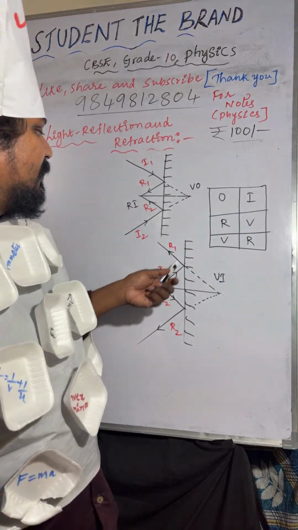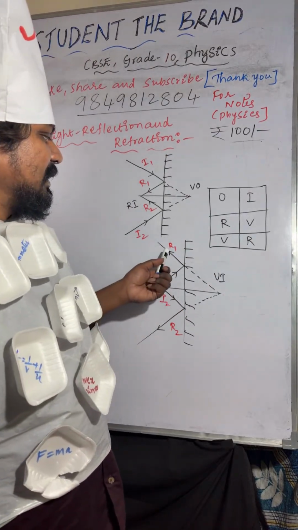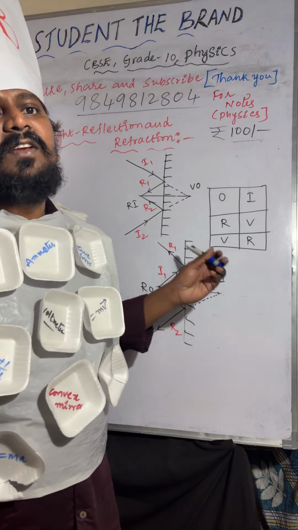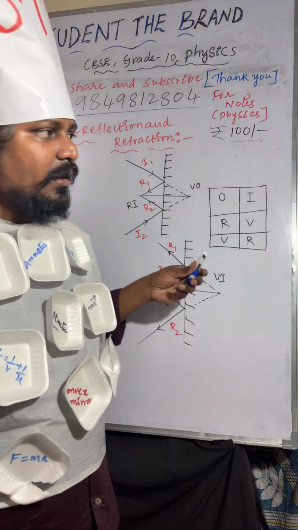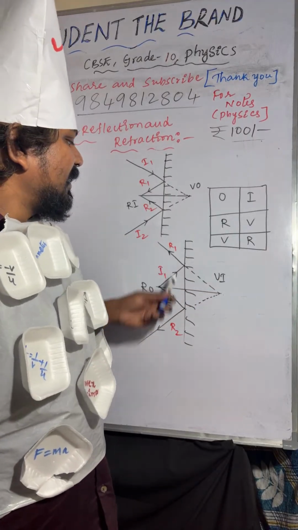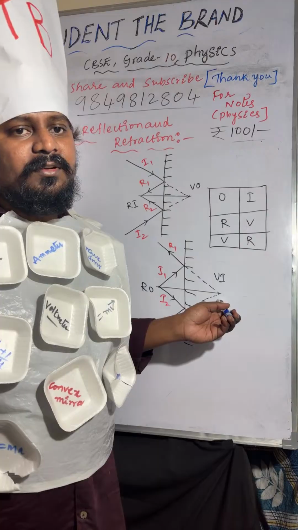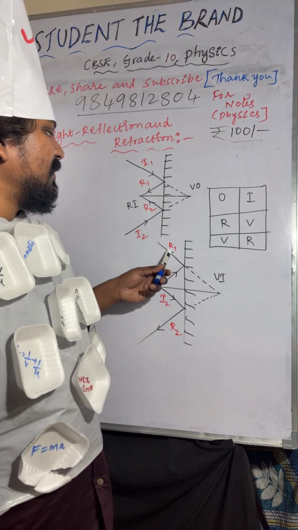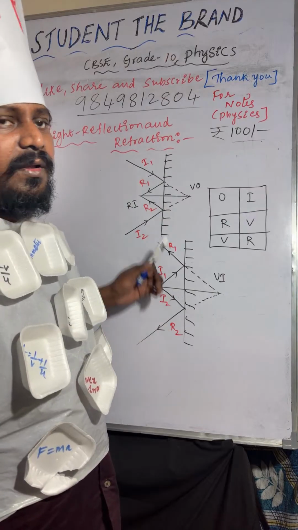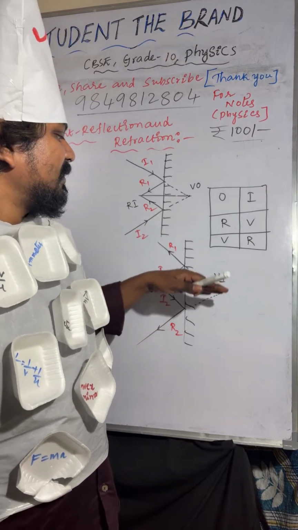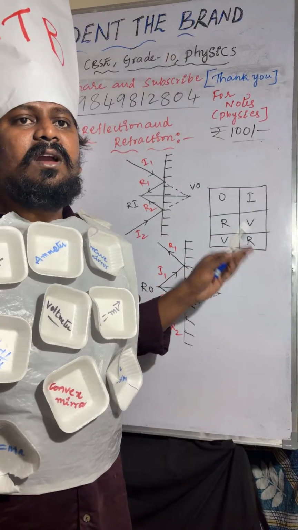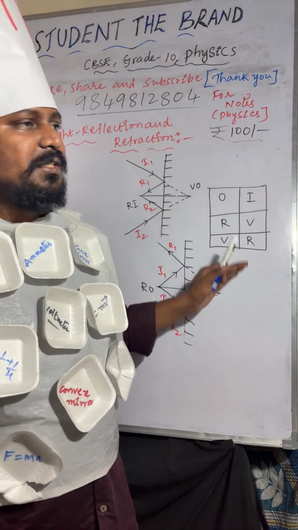And after reflection, we extend the reflected light rays, reflected ray 1, reflected ray 2. Extended reflected light rays are meeting at one point, and their virtual image is forming, that's why it is called the virtual image.